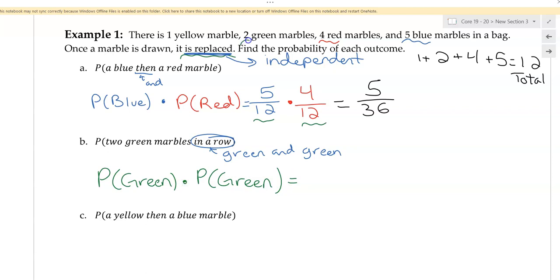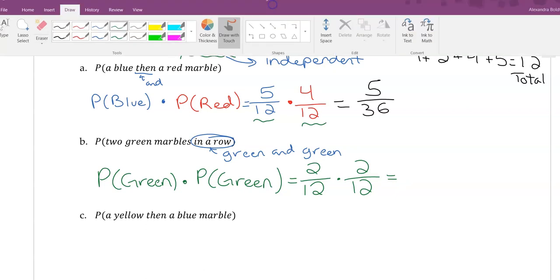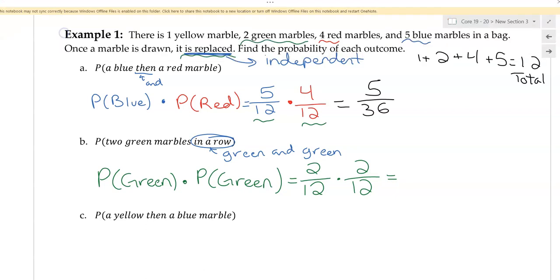Well, there are 2 green marbles. So that's 2 out of 12. Right, I take out the green marble, I put it back. I go to choose another green marble. I have 2 options that I want to choose out of 12 total options. When I multiply these together, 2 out of 12 times 2 out of 12, using my calculator, I do get 1 out of 36.